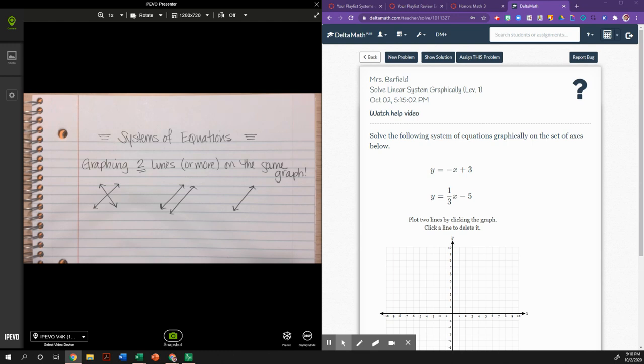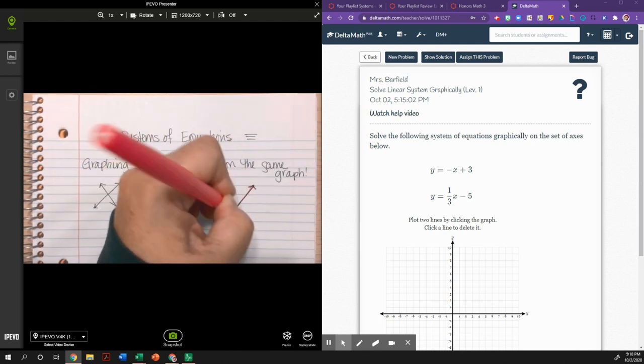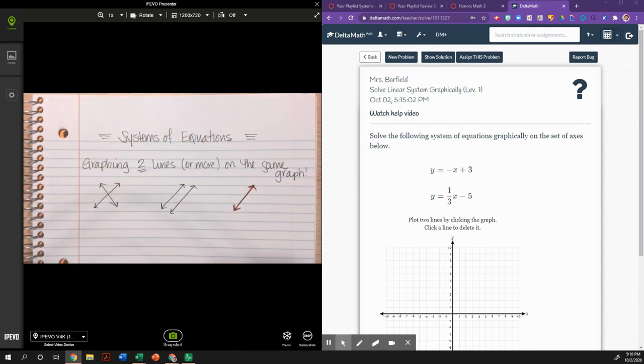You're not going to get anything else but a picture that crosses, parallel lines, or, here I've only drawn one line, but I want you to imagine it's the same line. If I were to go over it in a different color, I'm saying there are two lines here, but they are in fact the same line. So let's cover that again.